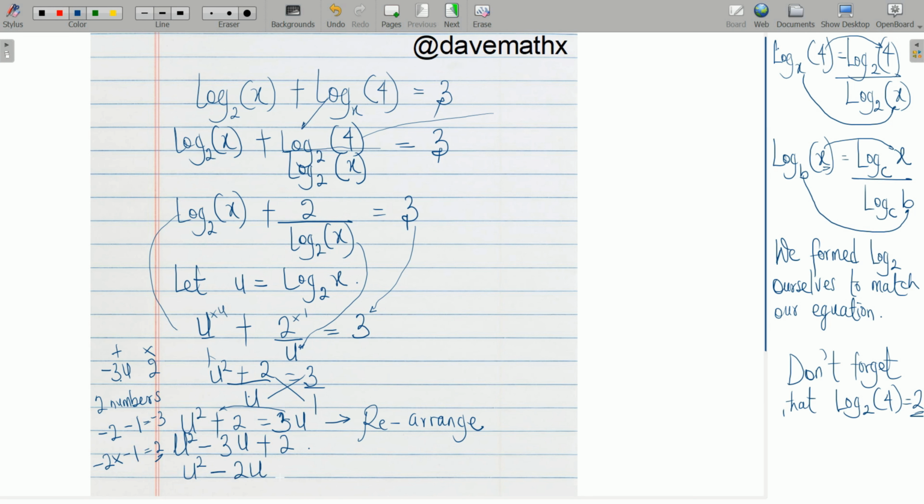So we have u square minus 2u minus u plus 2. We can factorize u from u square and minus 2u since it's common to both.